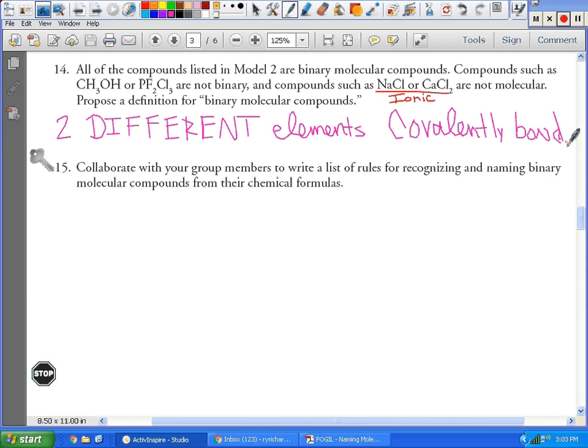As a matter of fact, you could exchange that word for this word. And truthfully, this is more accurate than what I wrote. So if I were you, I would scratch out the word elements and change it to nonmetals, because that technically is more accurately correct.